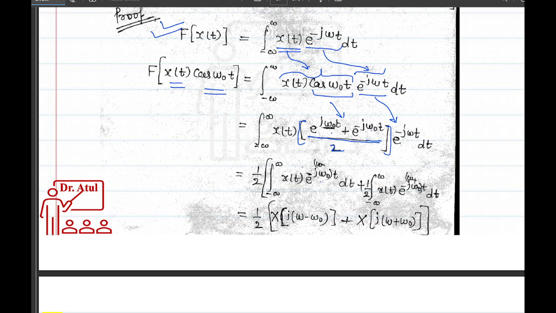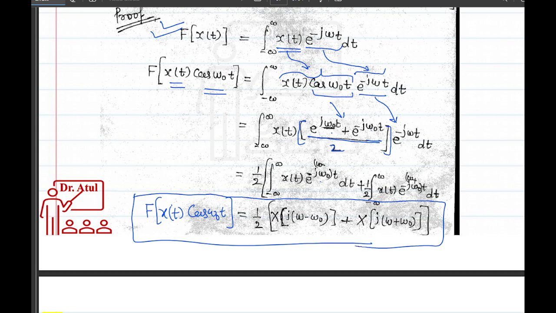That can be written as half of X(j(omega minus omega naught)) plus X(j(omega plus omega naught)). Similarly, we can prove for the Fourier transform of x(t) sin omega naught t also. I think you should not have a problem in proving that.